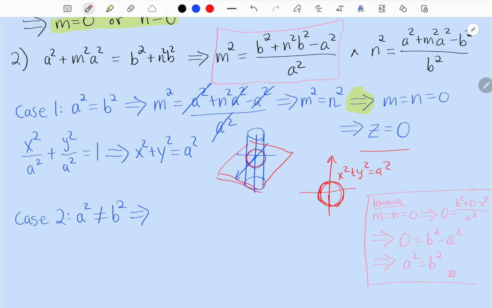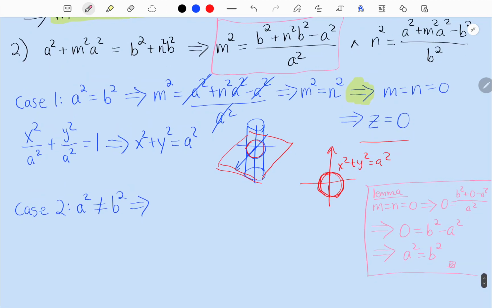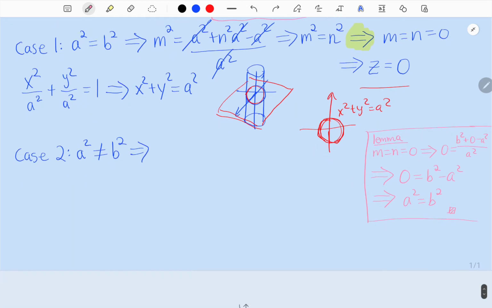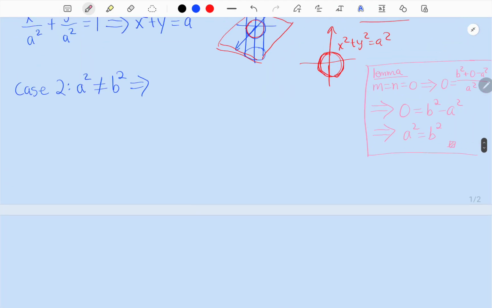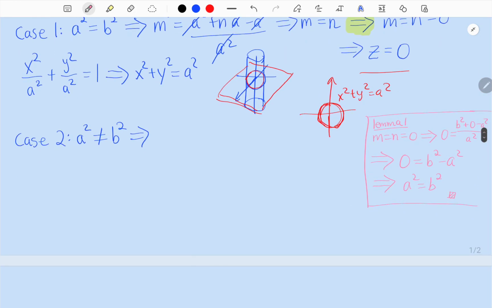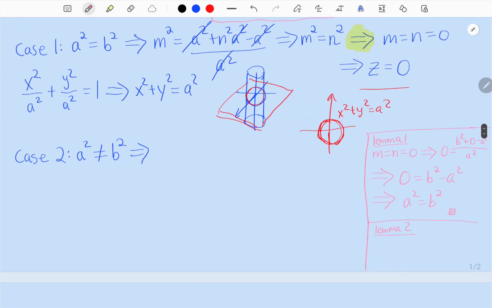So what does this mean? It means that this is actually both directions. I'll keep all of this. From the forward direction and this backwards direction, I'll call this lemma 1. Then lemma 2 is an easy proof.